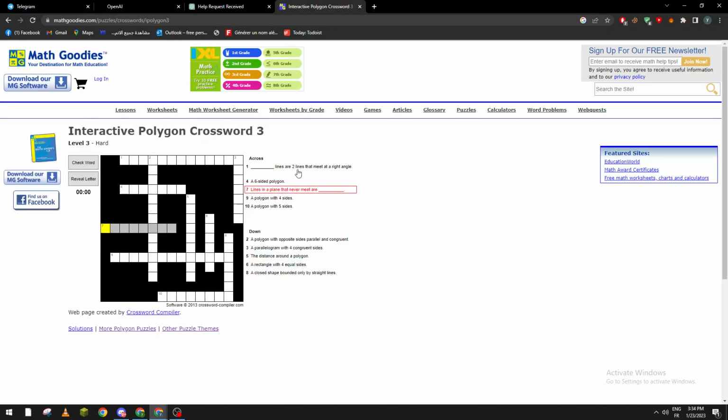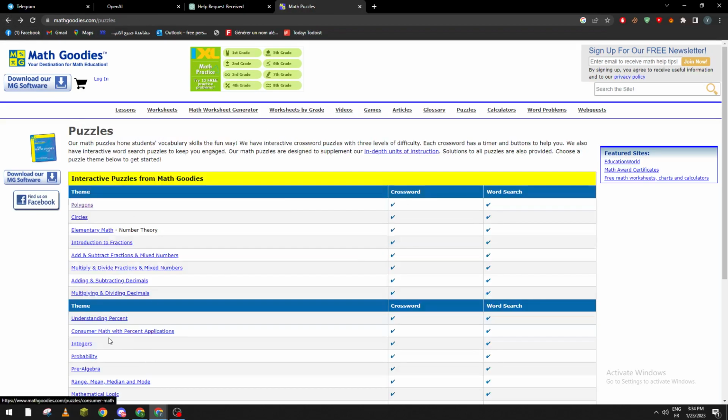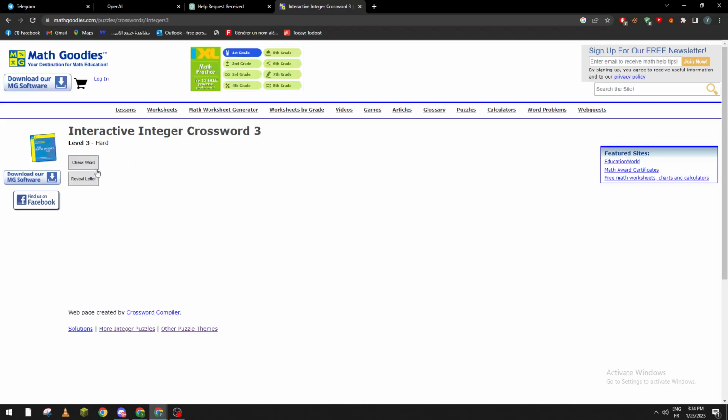Okay, this is not possible for us to do. Let's see something else. Integers, for example, maybe hard. Hopefully we find one now. Anyway, it doesn't matter if it's some extra work or something like that.